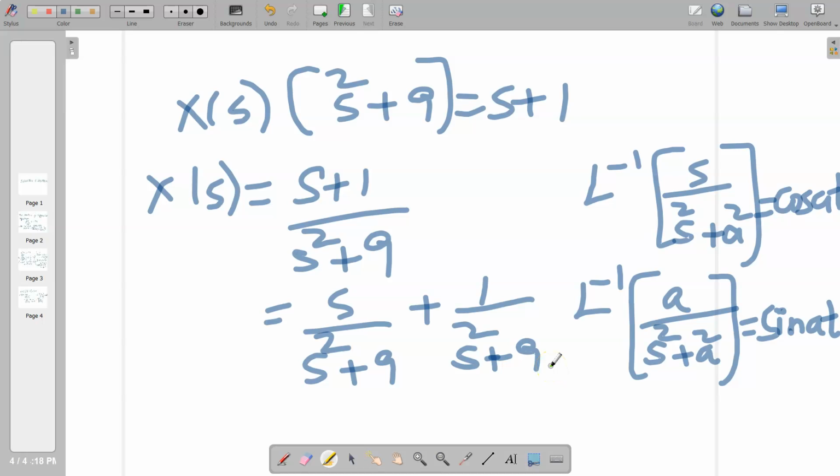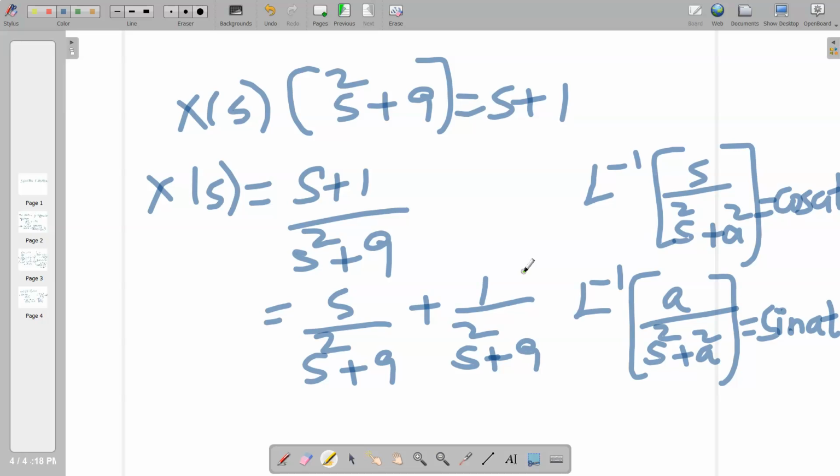So, in order to apply this formula, I require the same term: whatever I have here as a square, I should have in the numerator also a. Okay. So, I need to just modify this term, and according to that I can apply the formula.